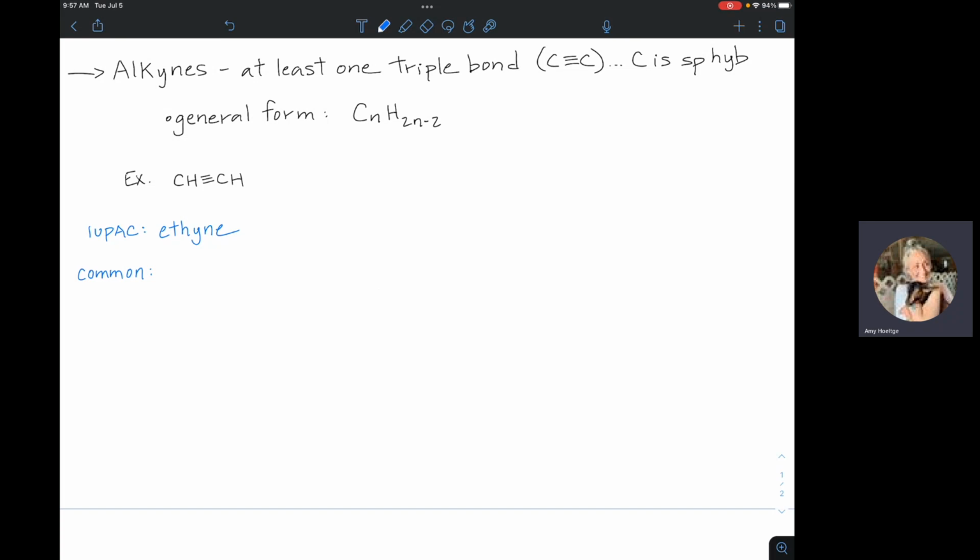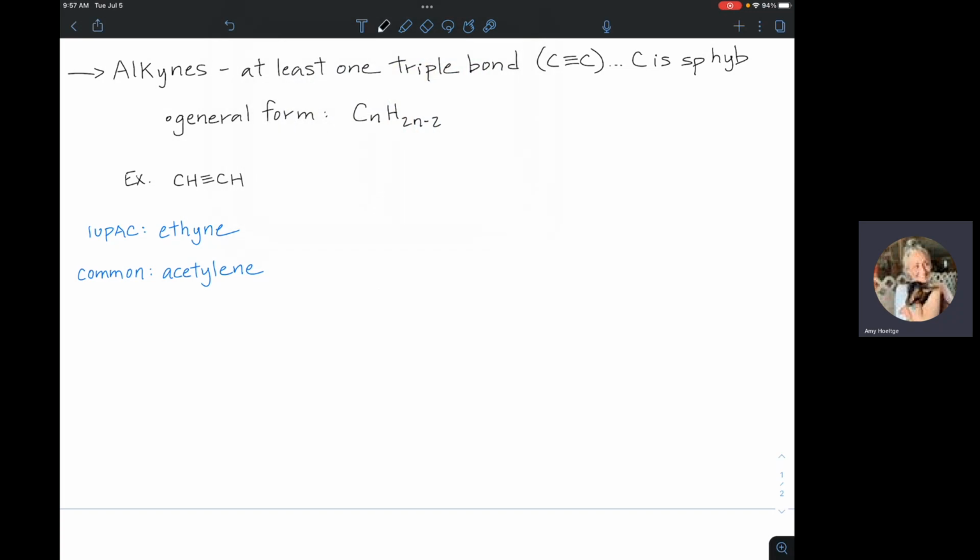And so we're going to use the acet prefix for this, and then we're going to put "ene" on the end of it. So common nomenclature with alkynes can be a little confusing, but it is a very common molecule. This is called acetylene. Either of those names is fine.